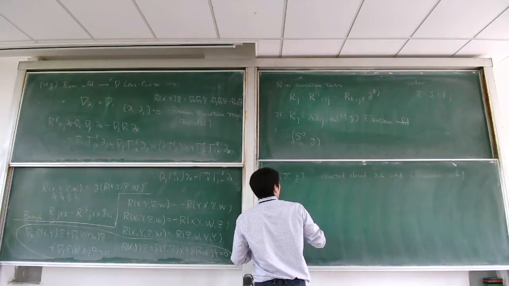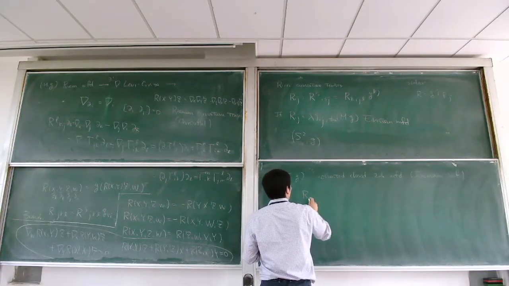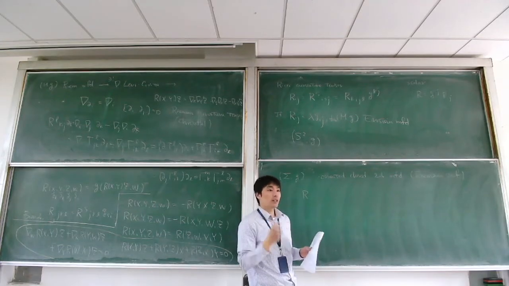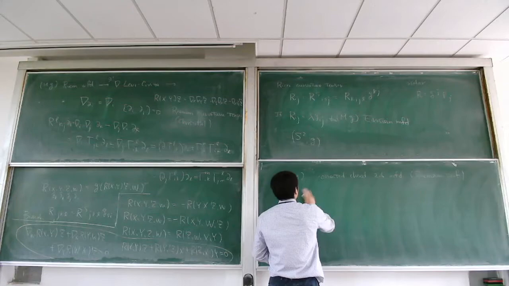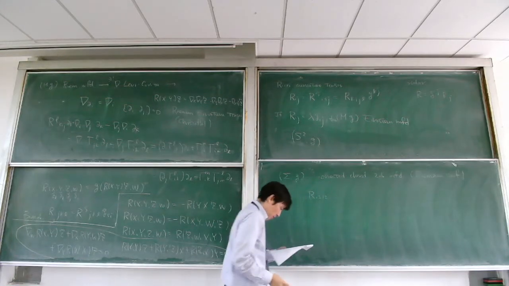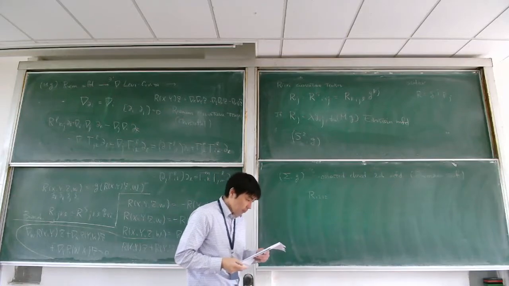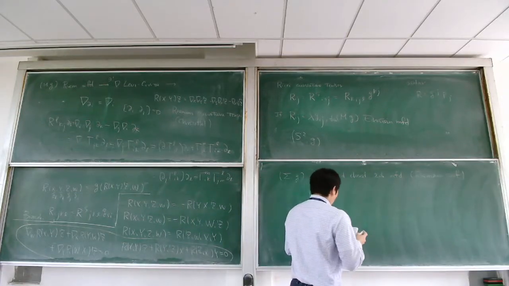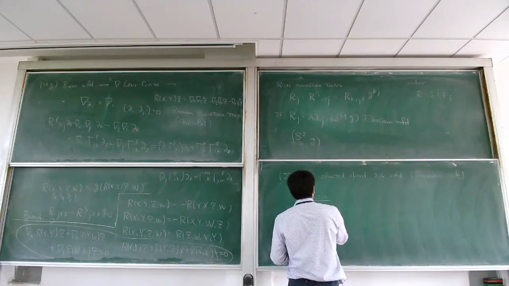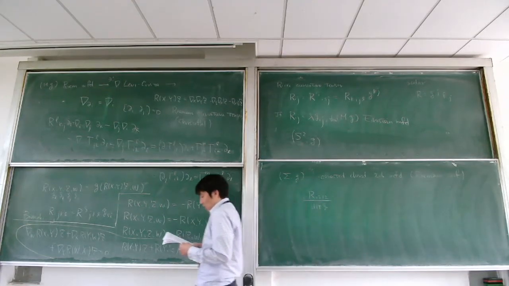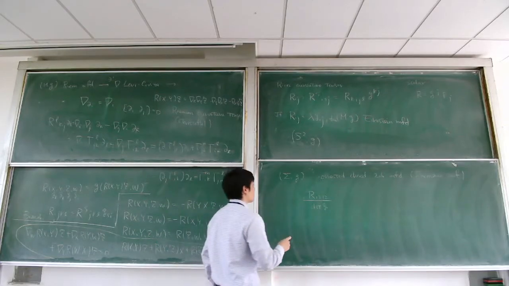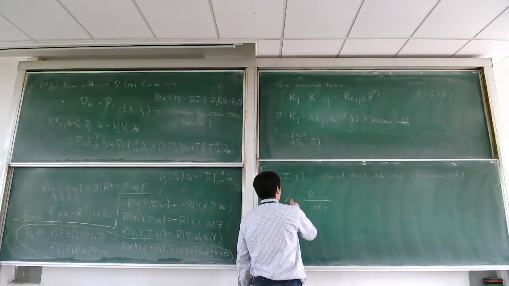Then one can define the curvature tensor. Now we have only two directions locally, so 1, 2, 1, 2. And you can take the determinant of g. So that's the Gauss curvature one can define.